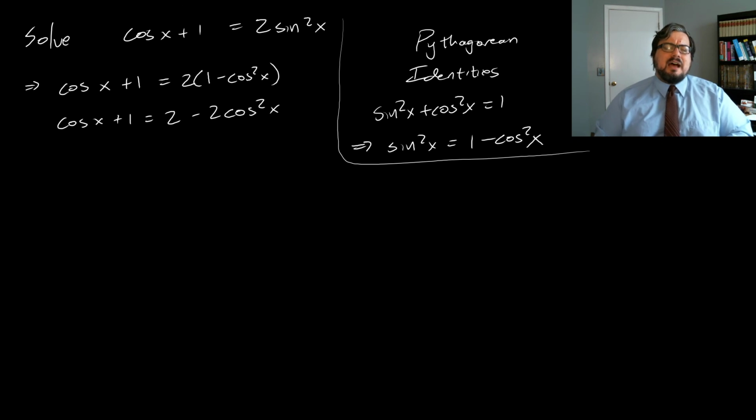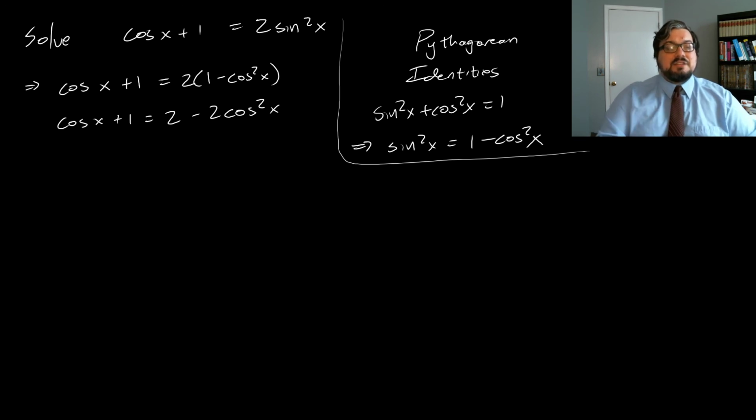However, we have both cosine to the first power and cosine to the second power, which means we need to treat this like a quadratic equation from algebra. It means that we're not going to be able to get just cosine equals some number out of this. We're going to need to either use factoring or the quadratic formula to make this work.